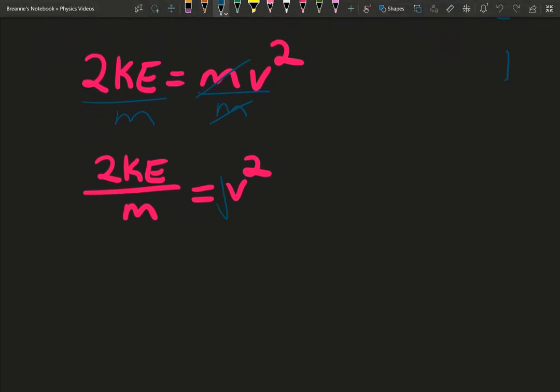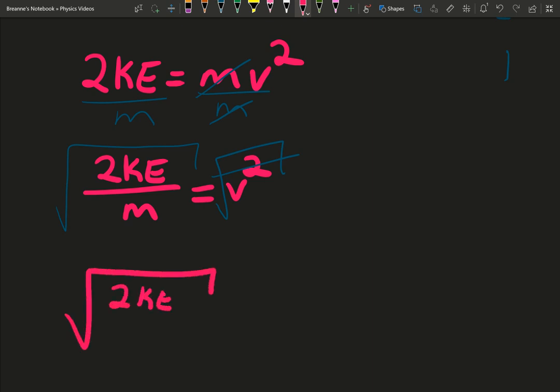Hopefully you said square root. You're right. And again, what you do to one side, you've got to do to the other. So that square root and that square cancel out. So we are officially left with the square root of 2KE over m equals v.